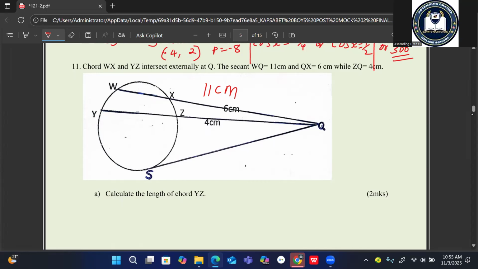While our ZQ is here, 4 centimeters. Calculate the length of chord YZ. So we try to calculate that one.